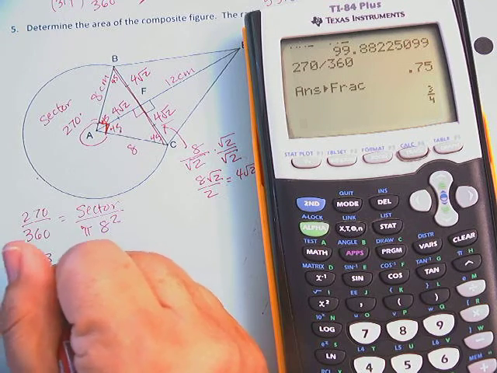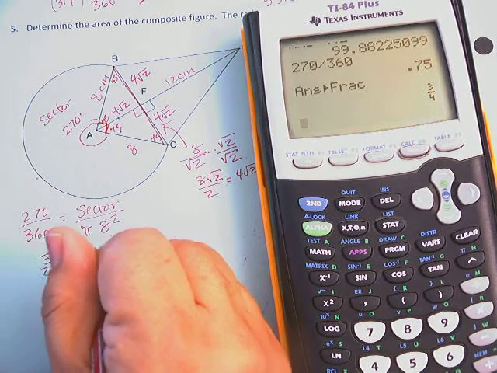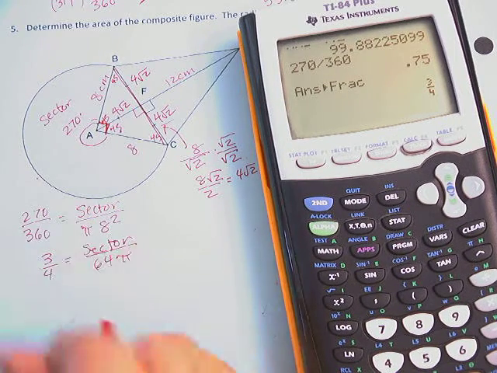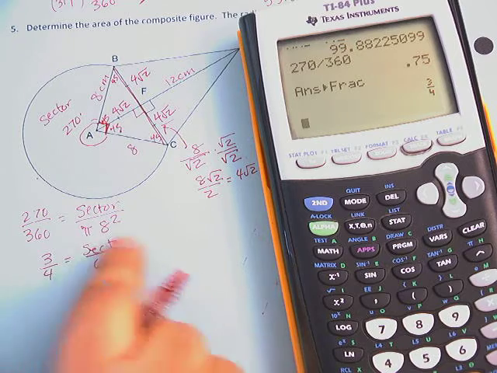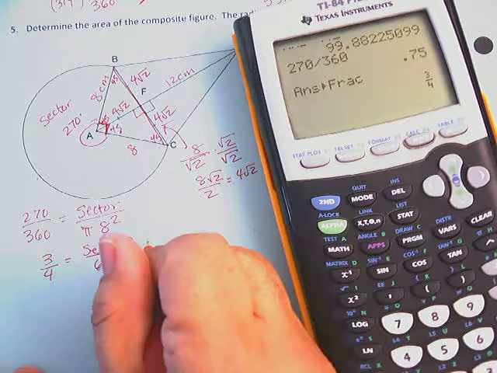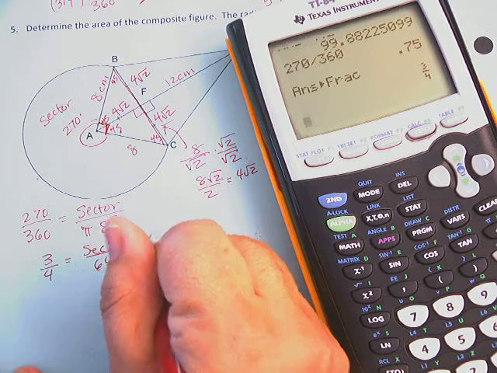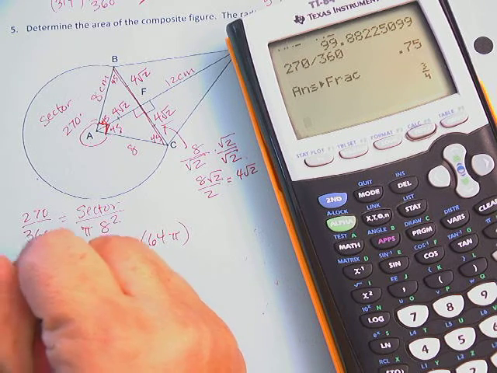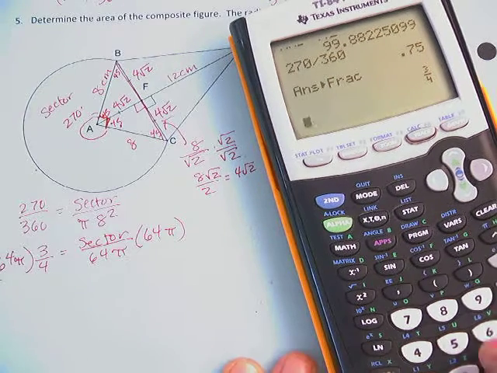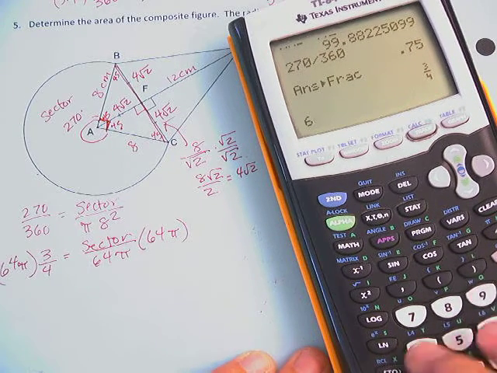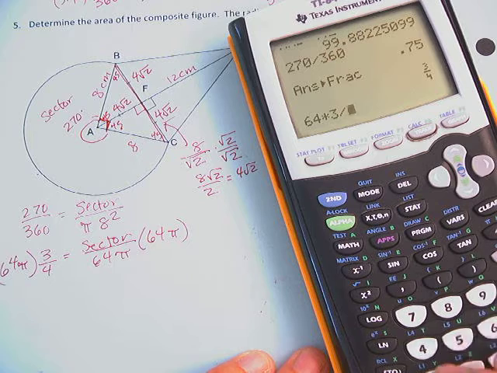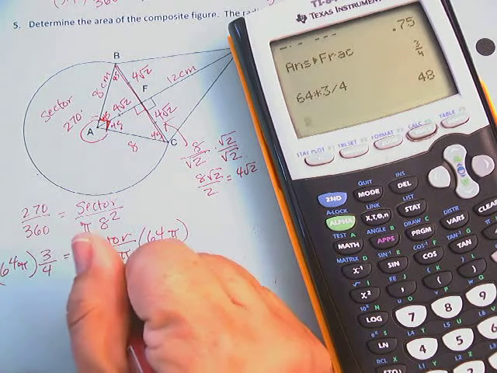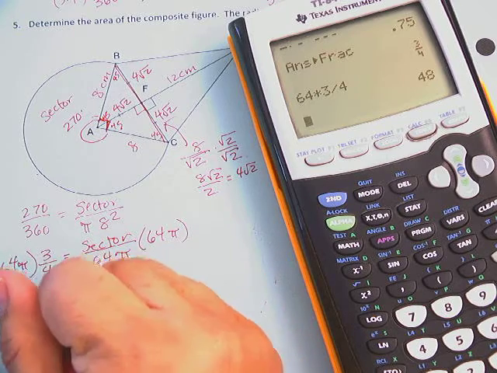So I got 3/4 equals a sector of 64 pi. What that means is that this sector is 3/4 of that 64 pi. So I can multiply both sides by 64 pi. If you wanted to, you could cross multiply, it'll all work out. So I have 64 times 3 divided by 4, which should work out to a nice pretty number, 48 pi. So the sector area is 48 pi.